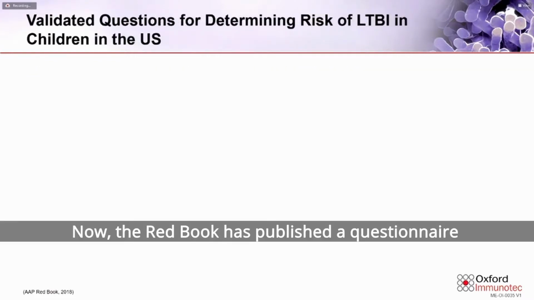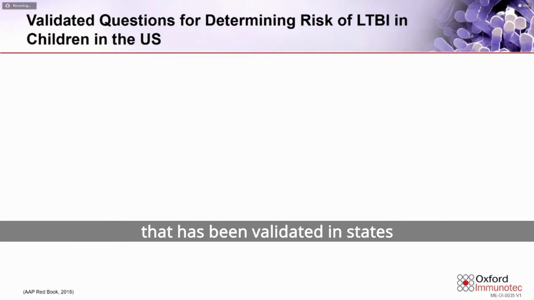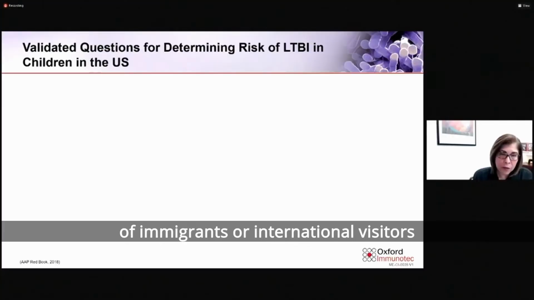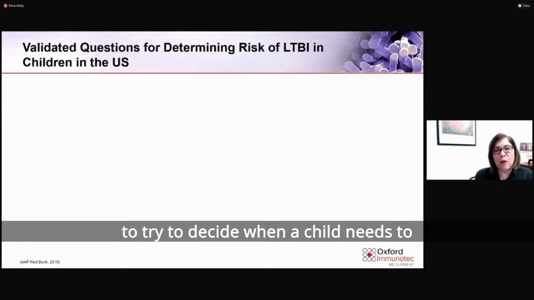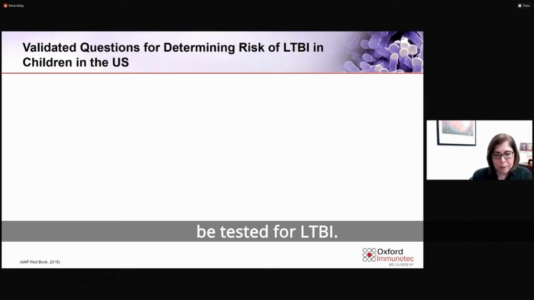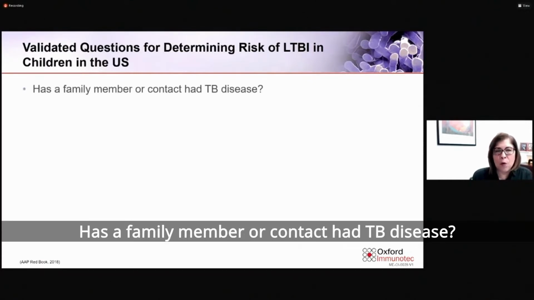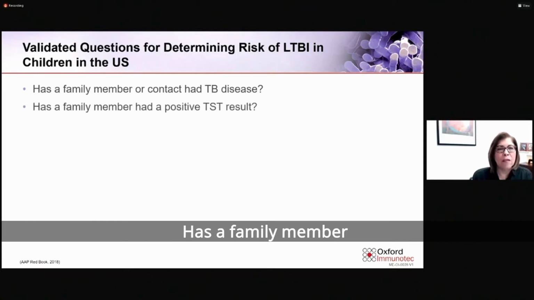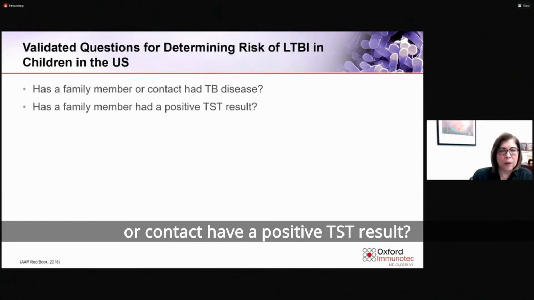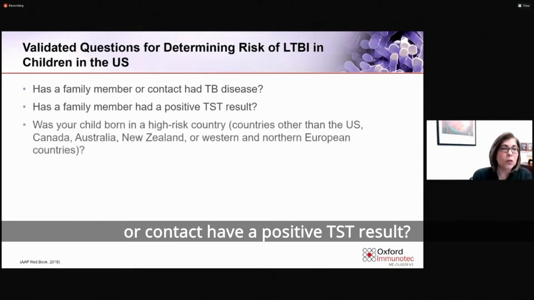Now, the Red Book has published a questionnaire that has been validated in states that have a high population of immigrants or international visitors, to try to decide when a child needs to be tested for LTBI. These are the major questions. Has a family member or contact had TB disease? Has a family member or contact had a positive TST result?